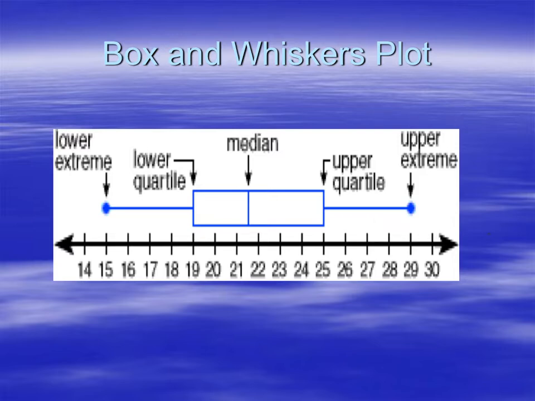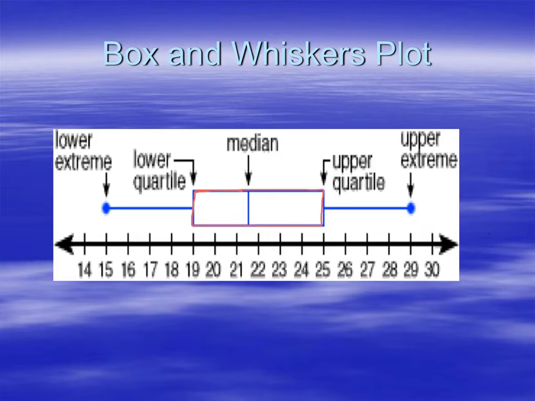Just continuing where we left off, there is a display of data called the box and whiskers plot, which, as you can see, consists of a box. The box goes from the first quartile, or the lower quartile, which in this case would have been 19, to the upper quartile.